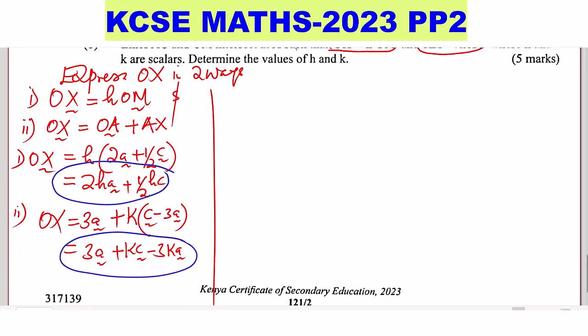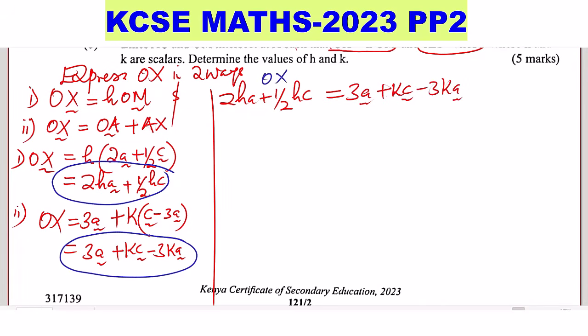The two expressions are showing the same thing. So if they are both expressing OX, you can equate them. So you have the first one, which is 2HA plus half HC, that is OX, which is equivalent to the other OX, which is 3A plus KC minus 3KA.